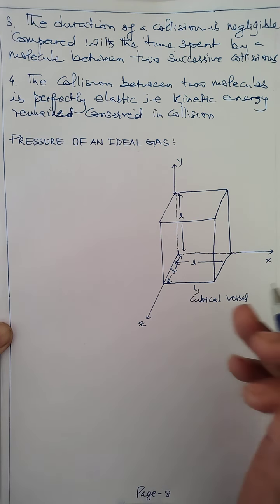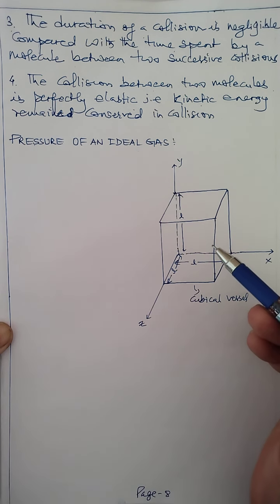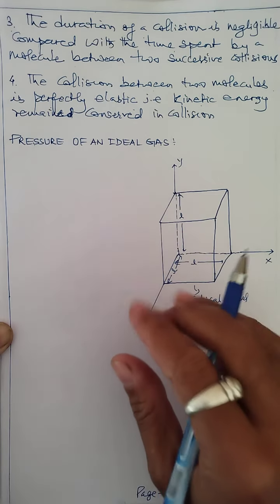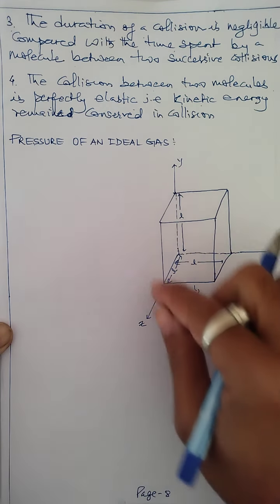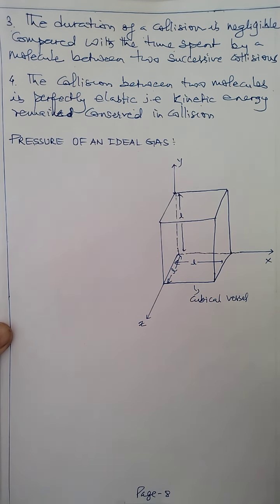Momentum conserved means the momentum will change when a molecule collides with the wall, then equal momentum will be transferred by the molecules to the wall, so the elastic collision which takes place at this wall is also called a perfectly elastic collision.